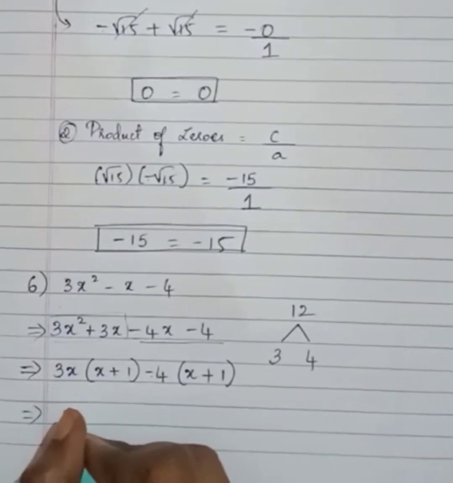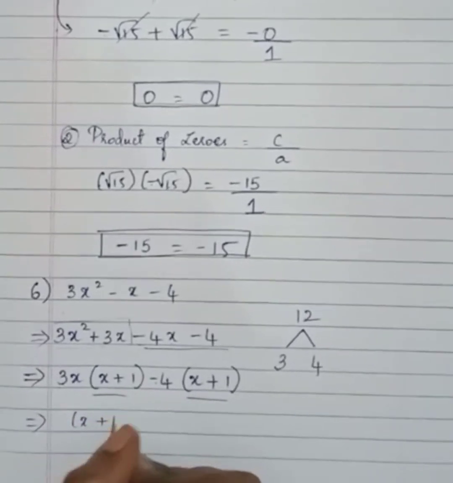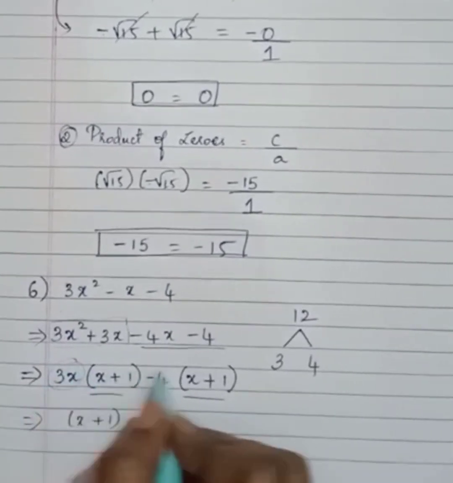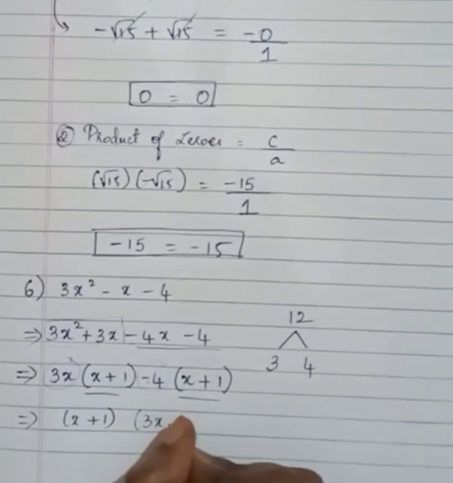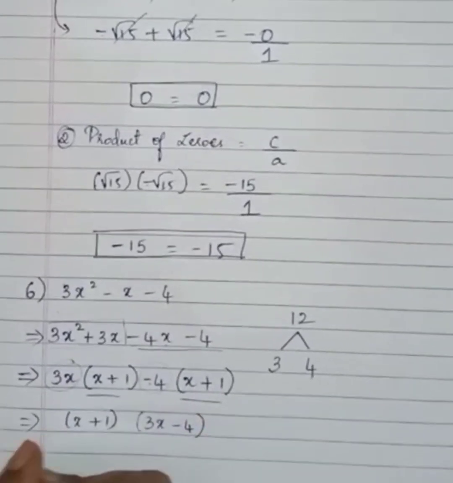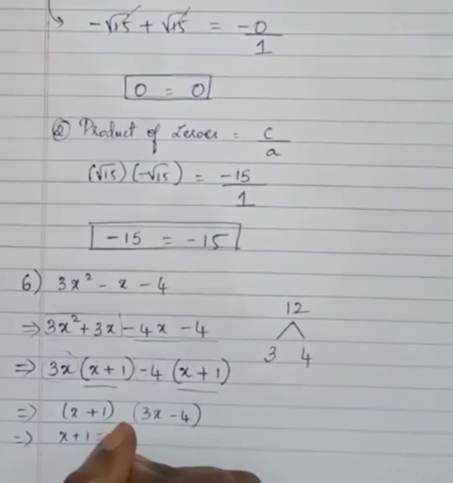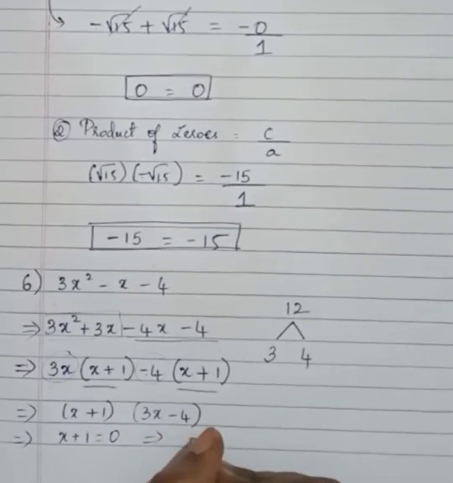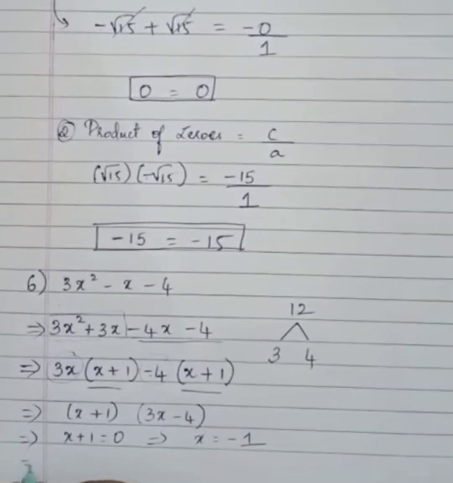So our next step will be group these two as one, and group the terms which are present outside the bracket under one bracket. If x plus 1 equals 0, then x equal to minus 1.